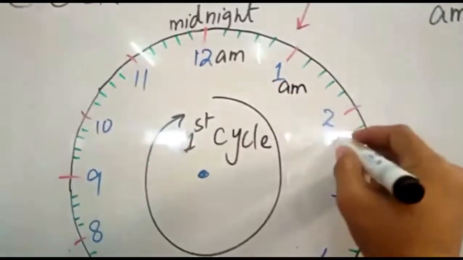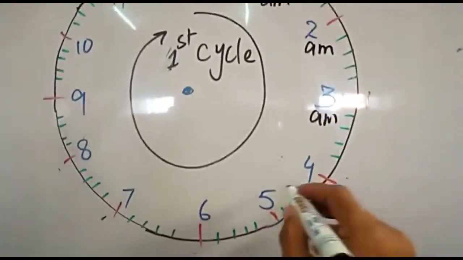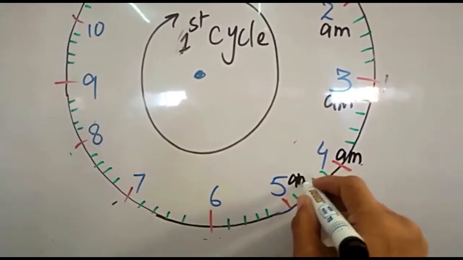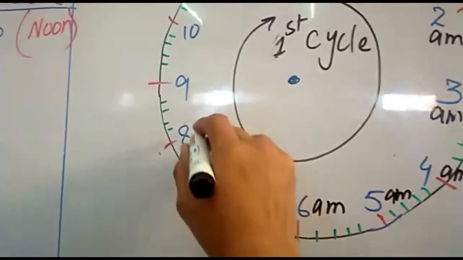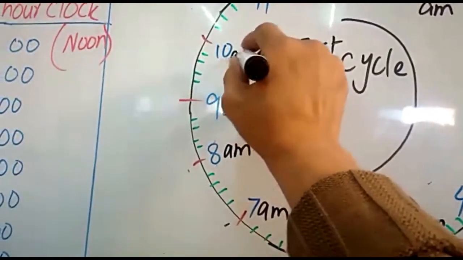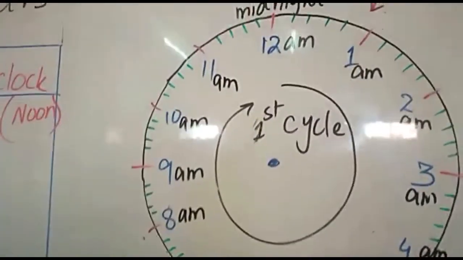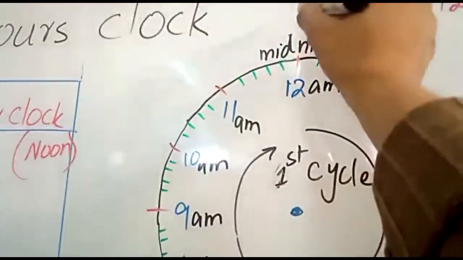We see the first cycle start at 12 a.m., then 1 a.m., 2 a.m., 3 a.m., 4 a.m., 5 a.m., 6 a.m., 7 a.m., 8 a.m., 9 a.m., 10 a.m. and 11 a.m. After 11 a.m. midday starts.